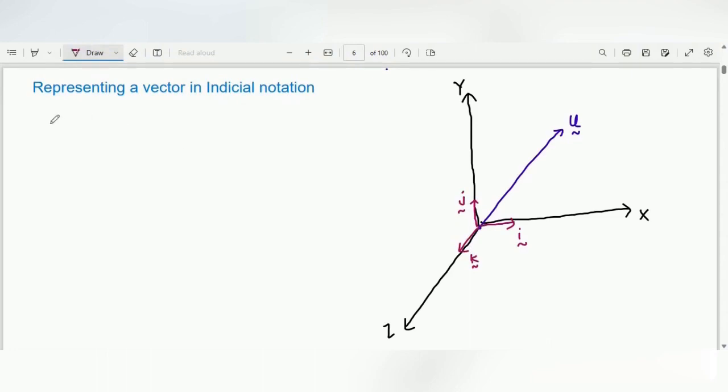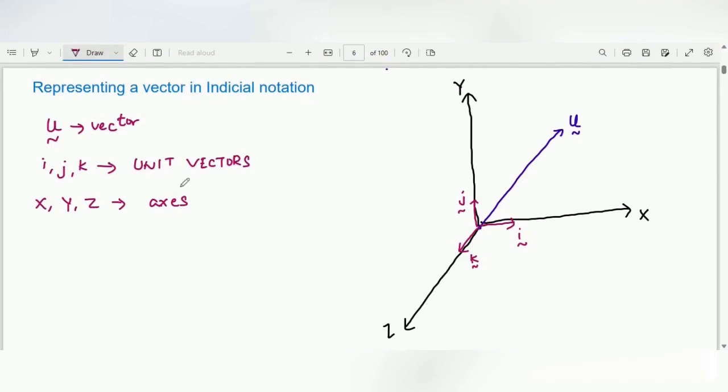So u is the vector, and i, j, and k are the unit vectors. And x, y, and z are the axes system which we considered.